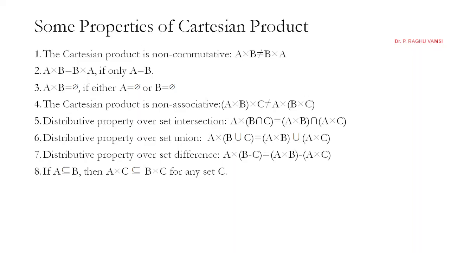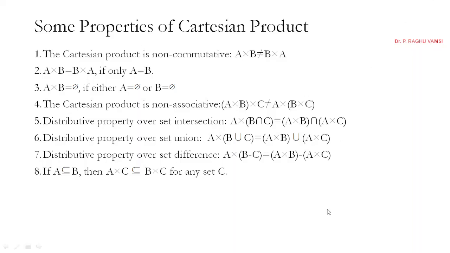Seventh one, distributive property over set difference: A cross (B minus C) is equal to (A cross B) minus (A cross C). We have seen yesterday the subset: if A is the subset of B, then A cross C is a subset of B cross C for any set C.